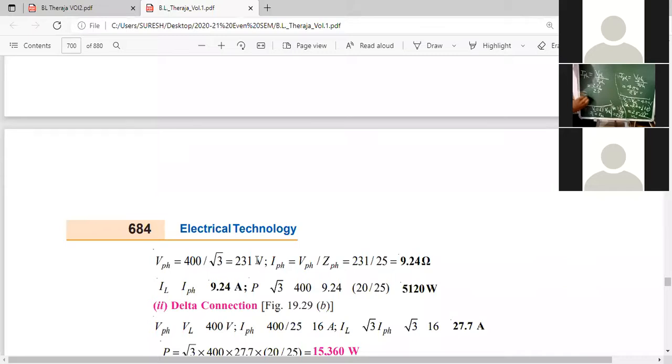Now after determining the phase current, in star connection, what is IL?